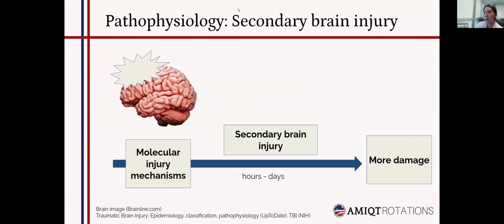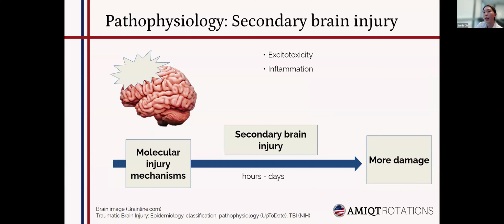Moving on to secondary brain injury. Secondary brain injury is slightly different to primary brain injury in that although it starts at the time of the accident, it goes on for hours and days, and it's caused by molecular injury mechanisms that are initiated at the time of the trauma. Such mechanisms include release of excitatory neurotransmitters such as glutamate or free radicals that damage the neurons.